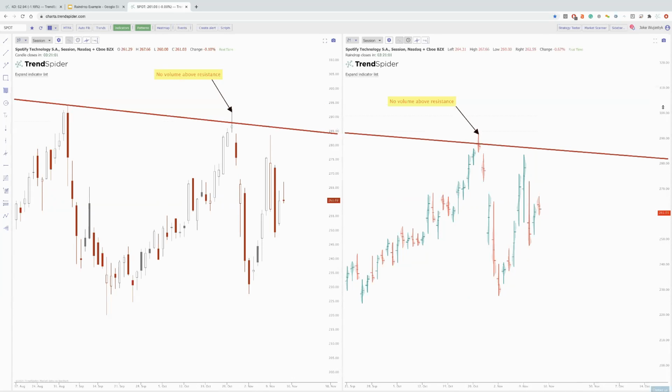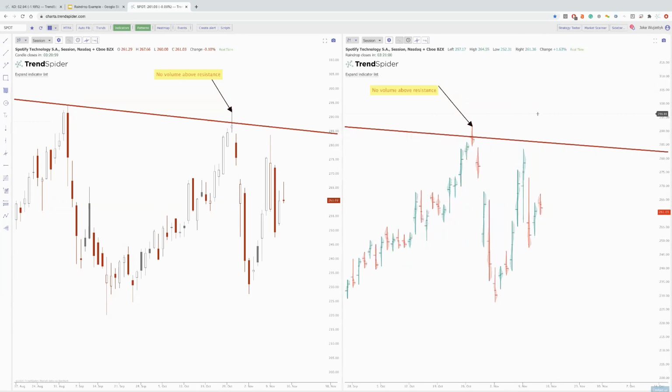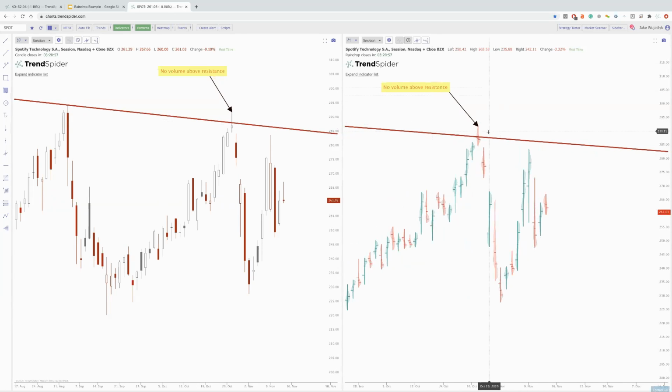But then if you go to the raindrop, you'll see something very different. You'll see that there was no volume within that wick. So we know there was no conviction by buyers in that breakout. This is really powerful, because there are times where you will have a wick like this that has a lot of volume above the resistance line, and you get a nice continuation up.